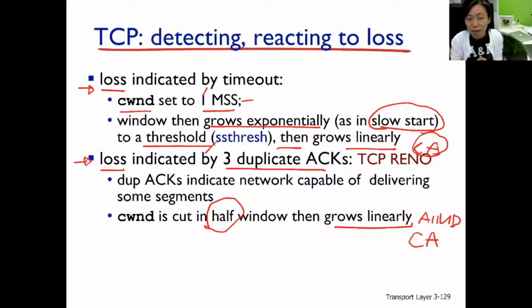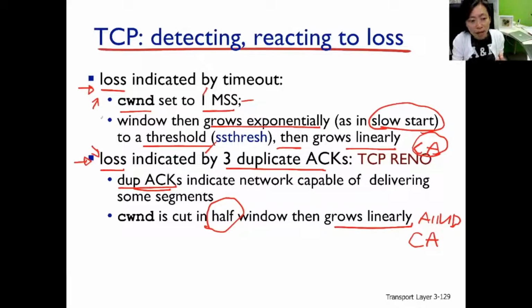Now, based on your intuition, which of these two losses do you think is more serious? Yeah, it's quite obvious, right? Because in this case below, at least you get to receive 3 duplicate ACKs. That indicates the network is still capable of sending 3 packets through, therefore you get 3 ACKs back.